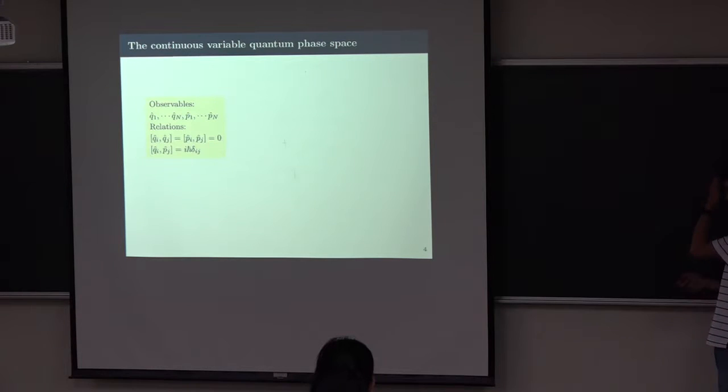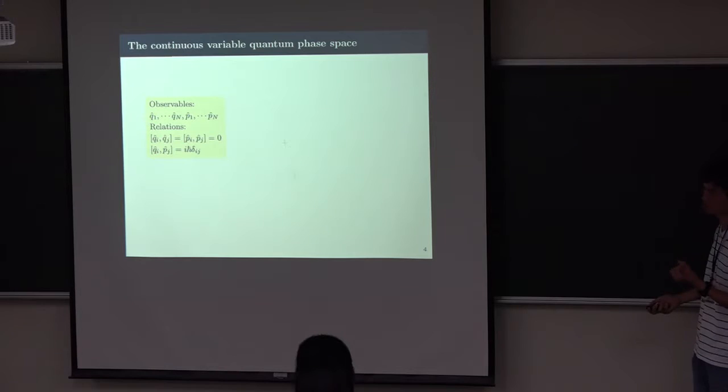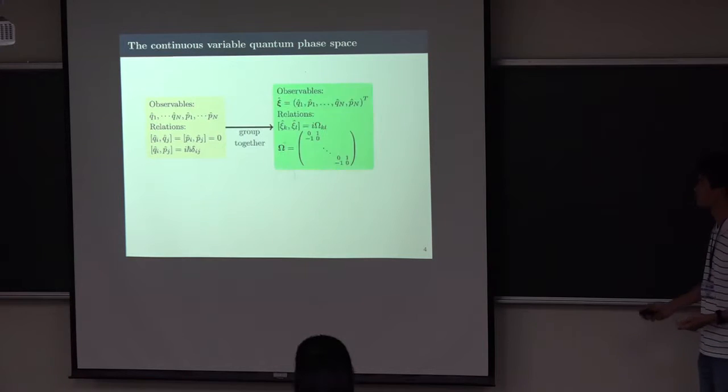For example, we can describe an n-dimensional particle or n modes of a quantized electromagnetic field. But here we want to use the phase space formulation. So we use the phase space coordinate vector, and the commutation relation becomes a 2n by 2n matrix. This omega matrix will be very important in this talk.